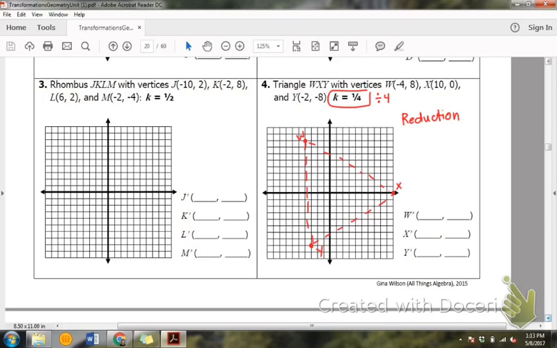And it's okay, like on X, 10 divided by 4 does not go evenly, so you can leave it as a decimal. You're going to plot the best that you can to estimate there.